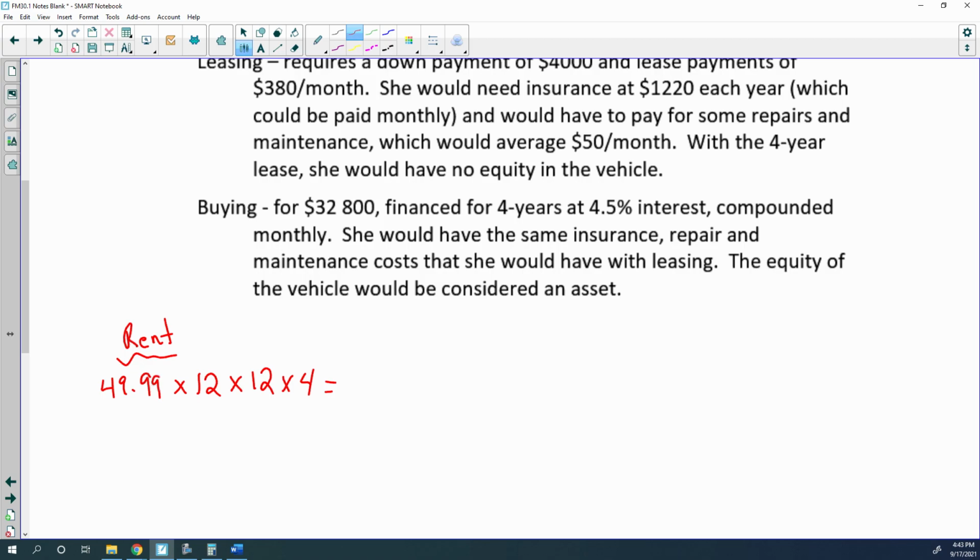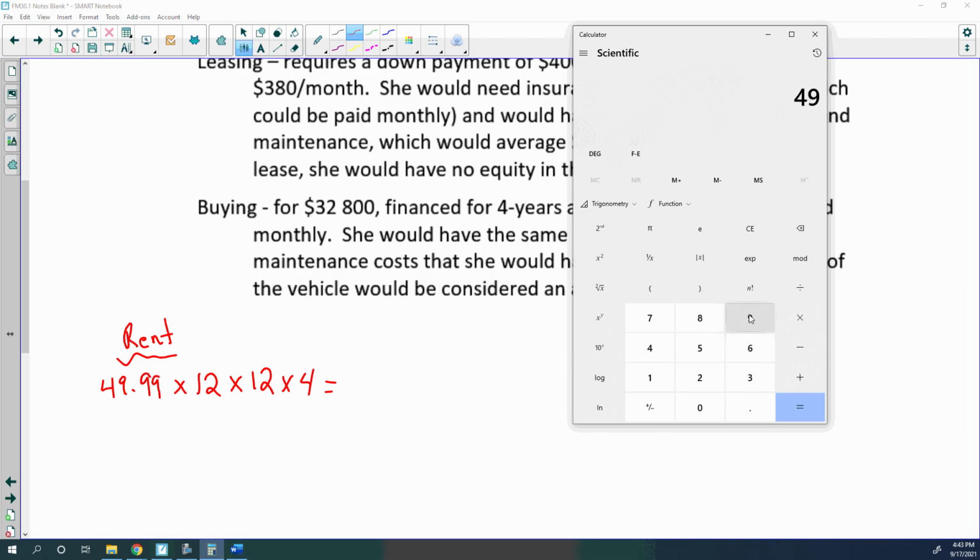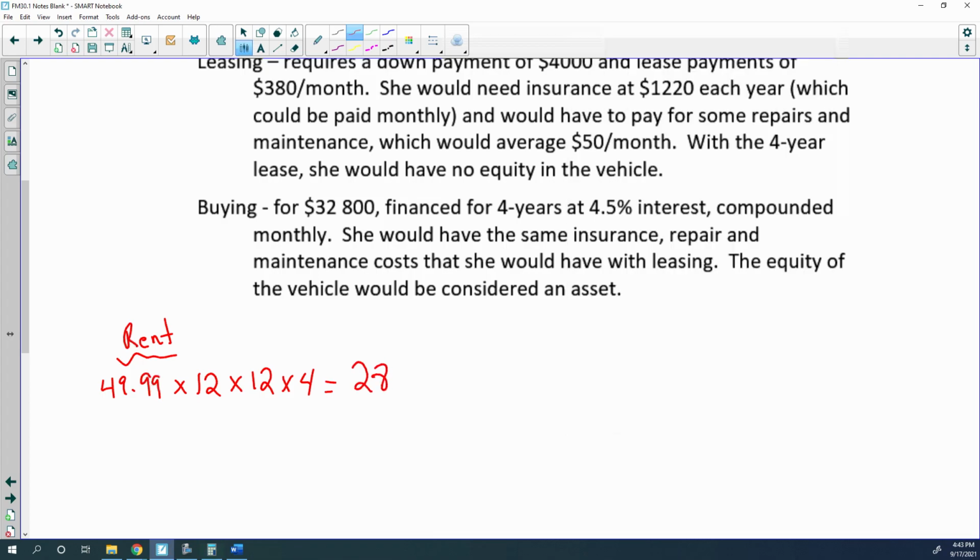So altogether for this one, it's $49.99 times 12 times 12 times 4. So altogether, she's going to pay $28,794.24.